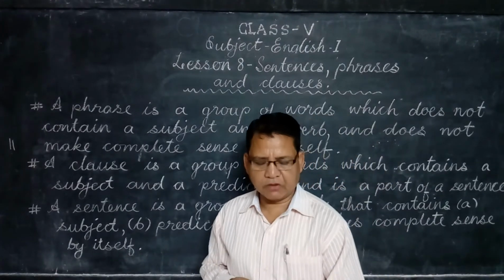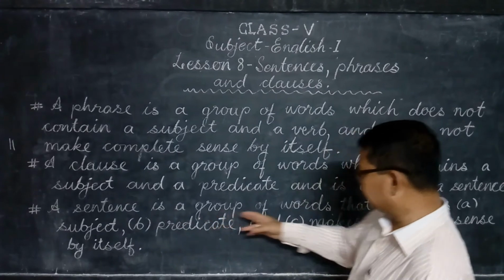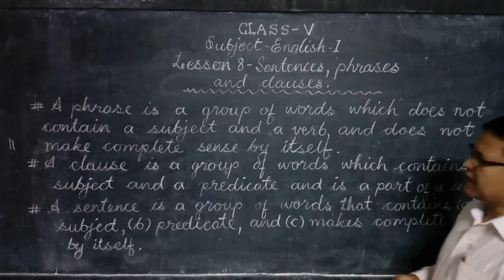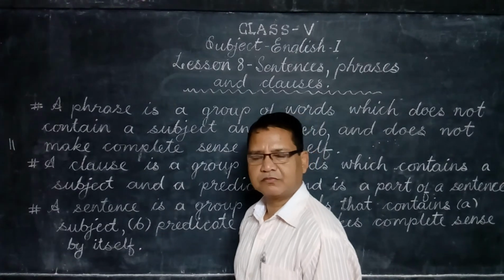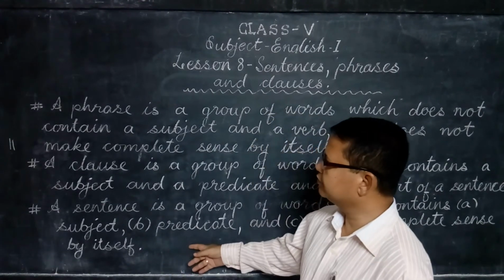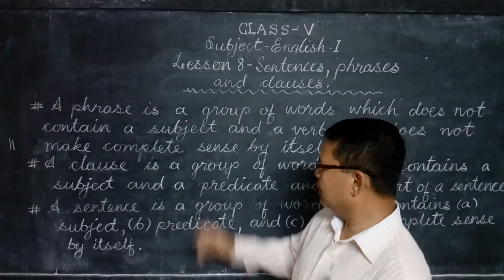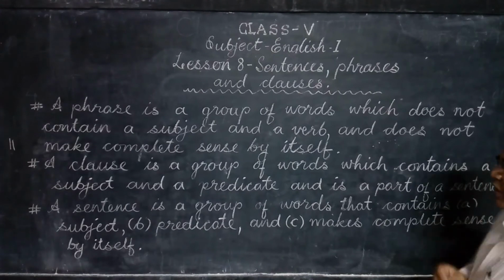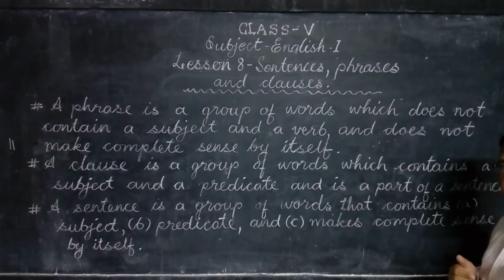Next we'll learn about sentence. Sentence, I've already told you. A sentence is a group of words that contains a subject, predicate and makes complete sense. Now we'll learn about a clause. You've learned about sentence, you've learned about a phrase, now we'll learn about clause. A clause is a group of words which contains a subject and a predicate and is part of a sentence.